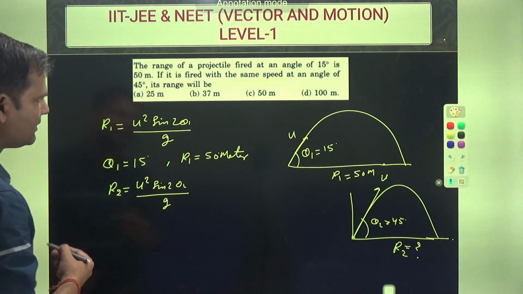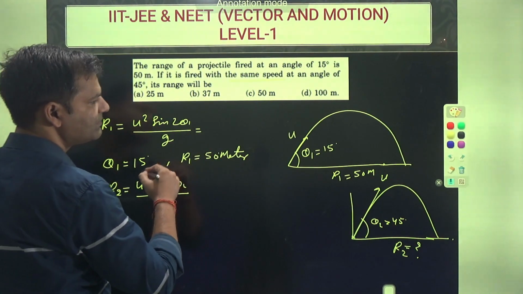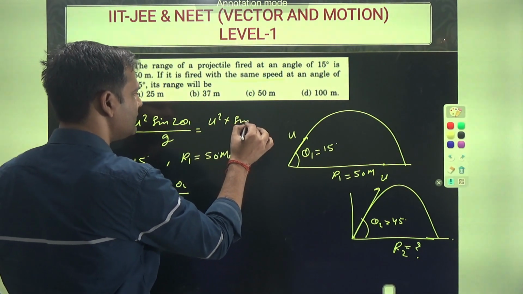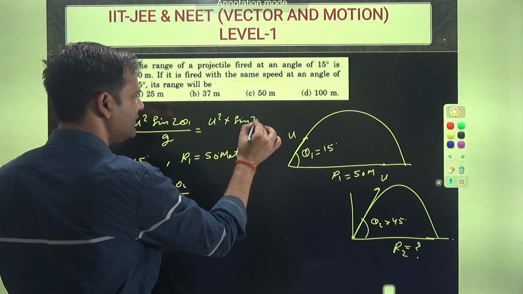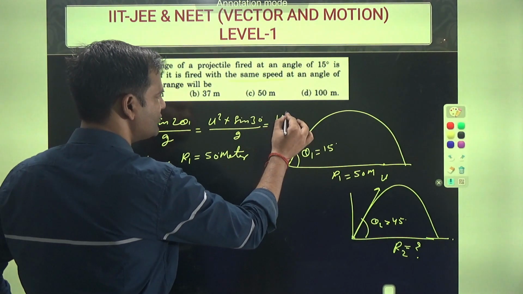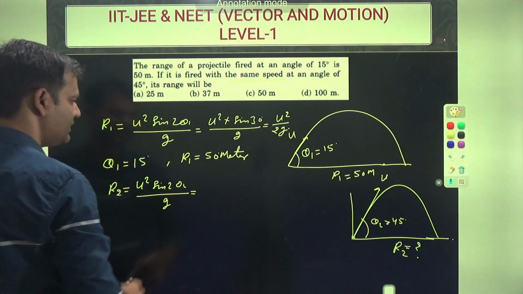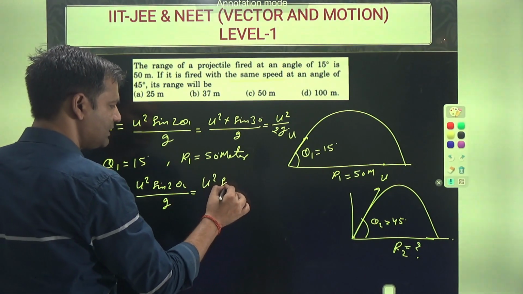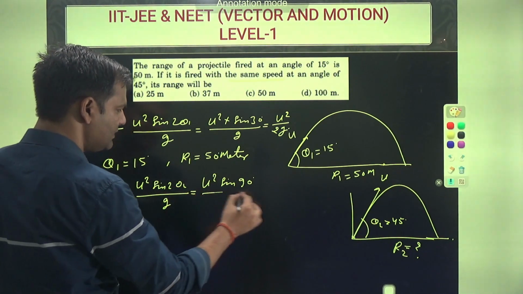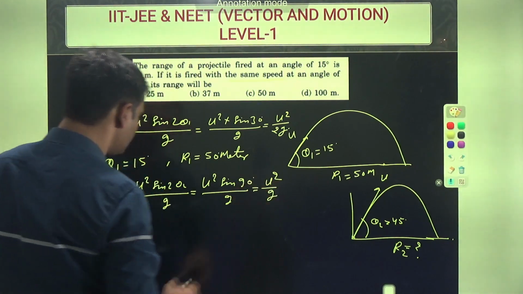Now R1 by R2, first of all put in these values. Theta 1 is 15 degrees, so R1 is u square sine 30 degrees divided by g, which is u square upon 2g. And R2 is u square sine 90 degrees, because 2 into 45 is 90, divided by g, so u square upon g. Clear or not?